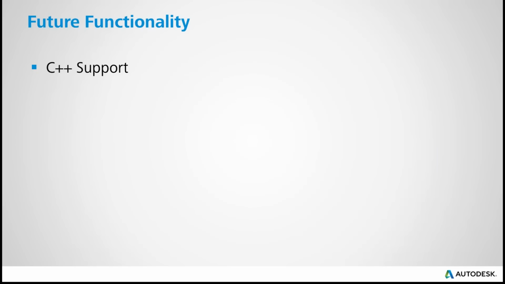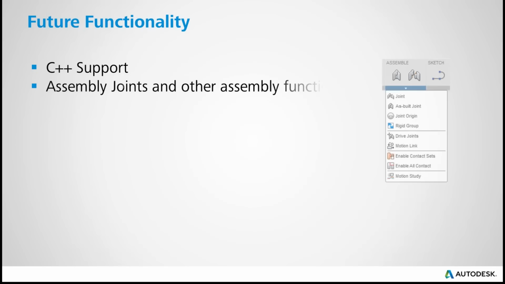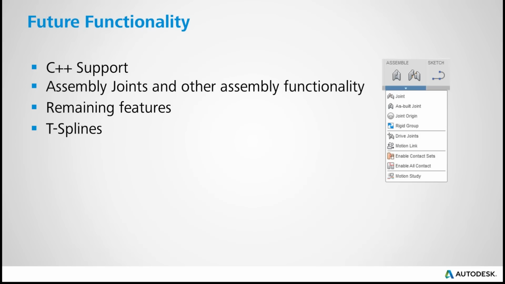So some future functionality: C++ support, and that's not coming in the next release, but hopefully the release after that. And as I mentioned already, assembly joints, and the features that are still missing, T-splines, the ability to create custom graphics.